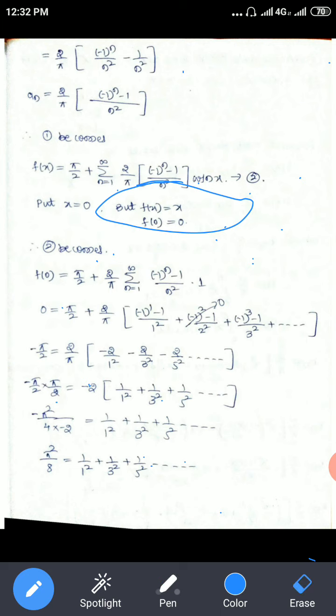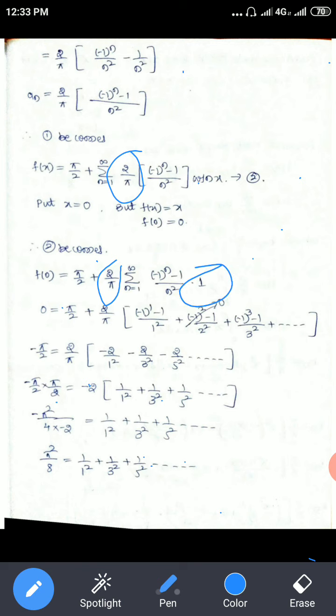This 2 by pi is independent of n, so I am taking it outside. Summation of n equal to 1 to infinity, minus 1 raised to n minus 1 divided by n square, cos of nx. With x equal to 0, cos of 0 is 1. I told you f of 0 can be written as 0 only. So that is 0, pi by 2, 2 by pi.